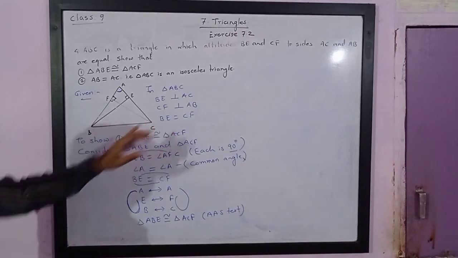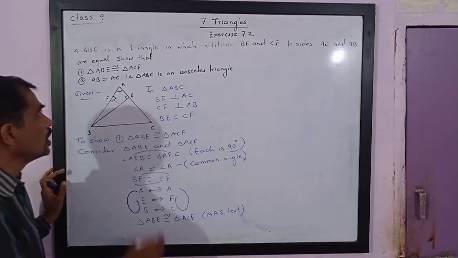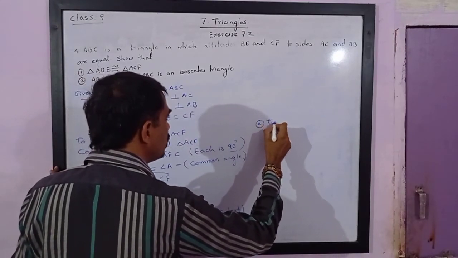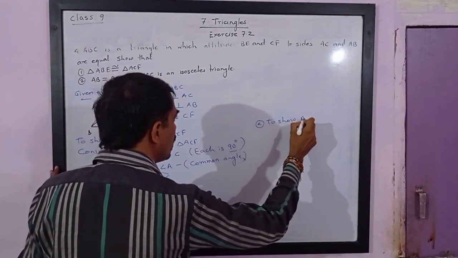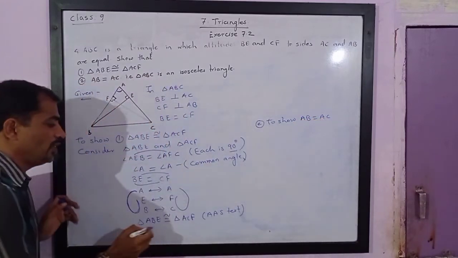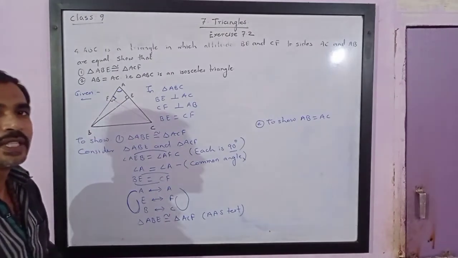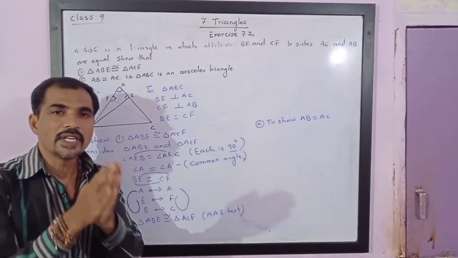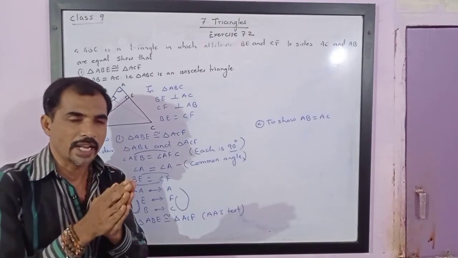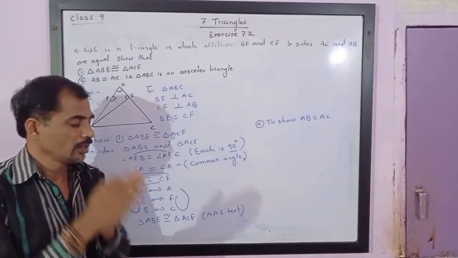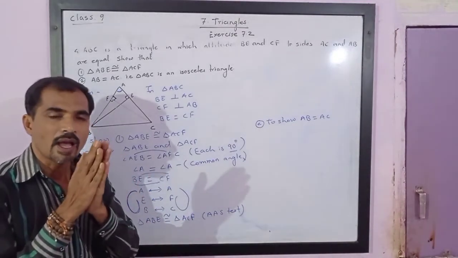Second, we were asked to show that AB is equal to AC. Now, if these two triangles are congruent, it means their three sides coincide with the corresponding three sides of the other triangle, and three vertices of the first triangle coincide with the three vertices of the other triangle.